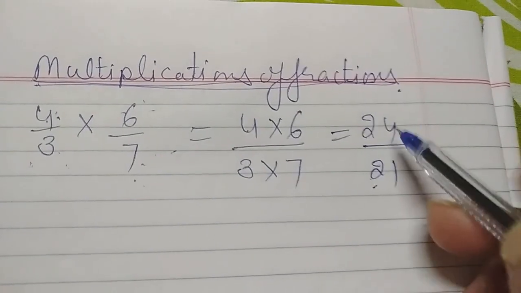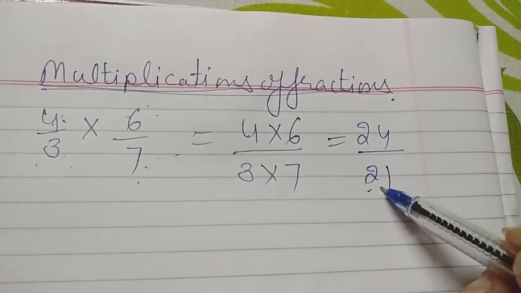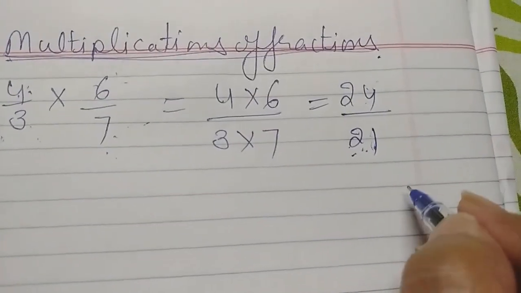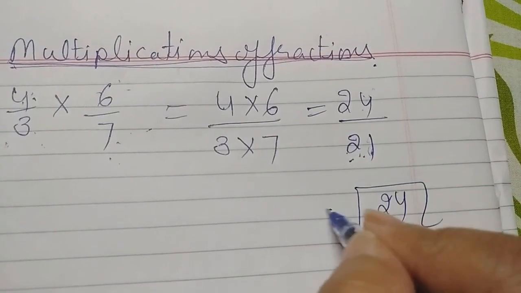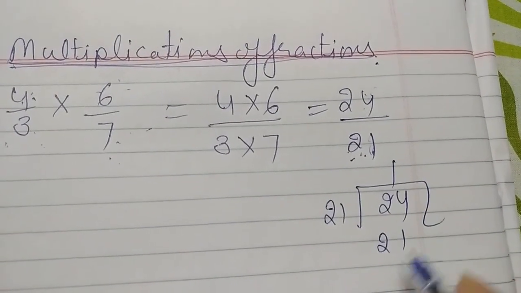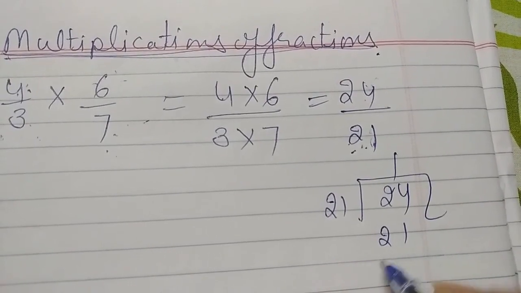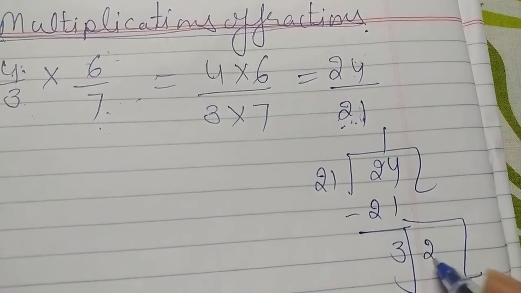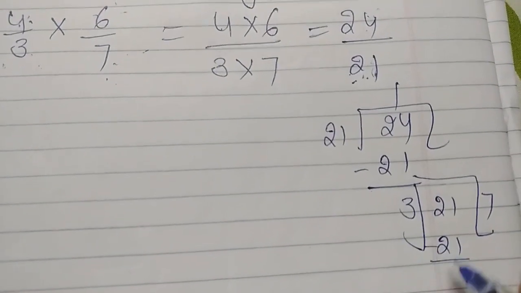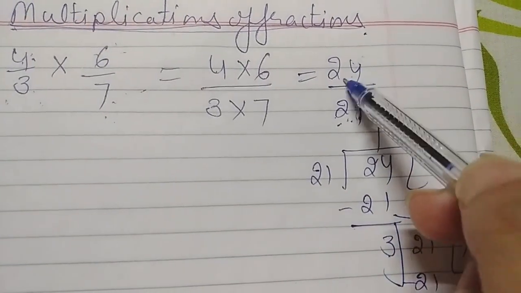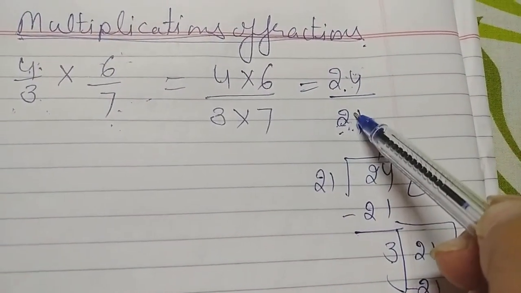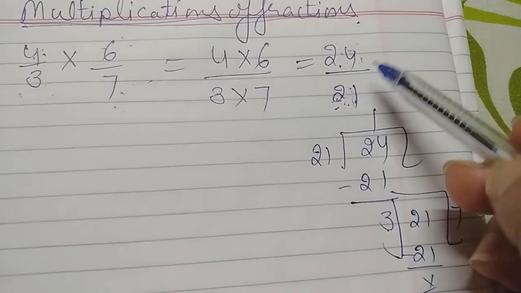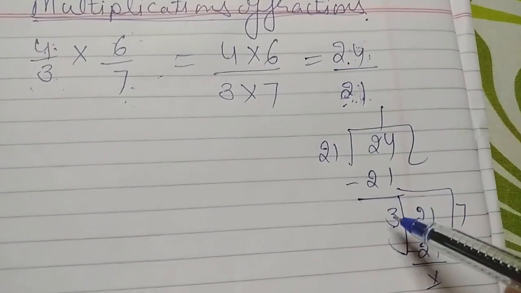Like here, if I check 24 and 21, if I go with the HCF of these two numbers, then it is 3, and here 3 sevens are 21. It means 3 is common between these two numbers. So both are divisible by 3 and the HCF of 24 and 21 is 3.